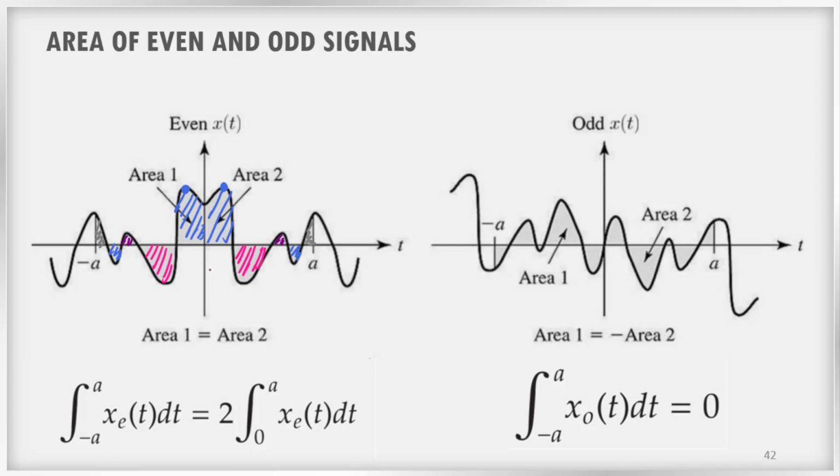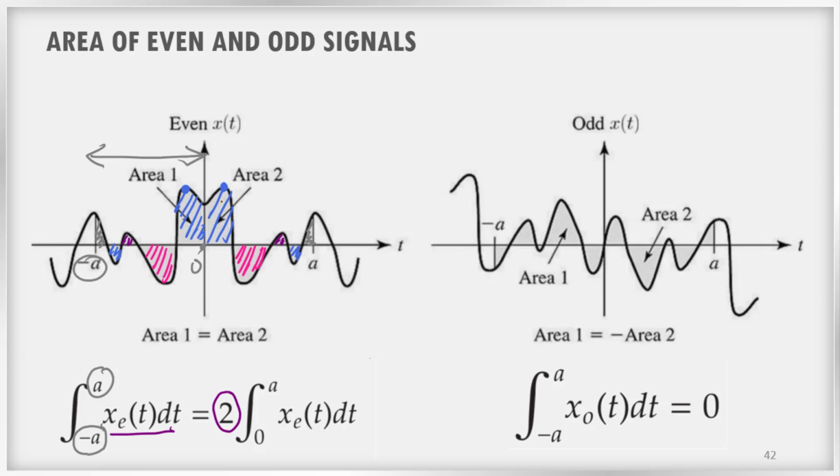Now we can see that since they are equal, it is not necessary to find the area from negative a to 0, because whatever area from negative a to 0 will be equal to the area from 0 to a. Because of that reason, we can write the formula like this: the area from minus a to plus a of an even signal x of t will be equal to 2 times.